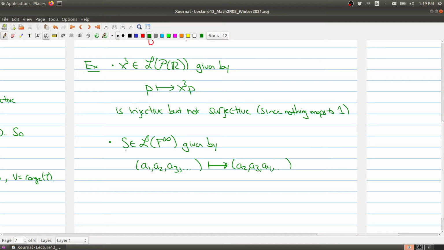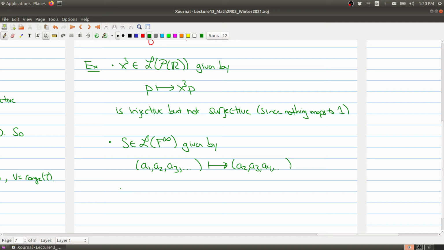Here's another example where we have something that's surjective but not injective. If we take the map S in the set of all linear maps from F infinity to F infinity given by this truncation and shift, we take an infinite sequence a1, a2, a3, chop off the a1 and shift everything to the left, so it becomes a2, a3, a4.